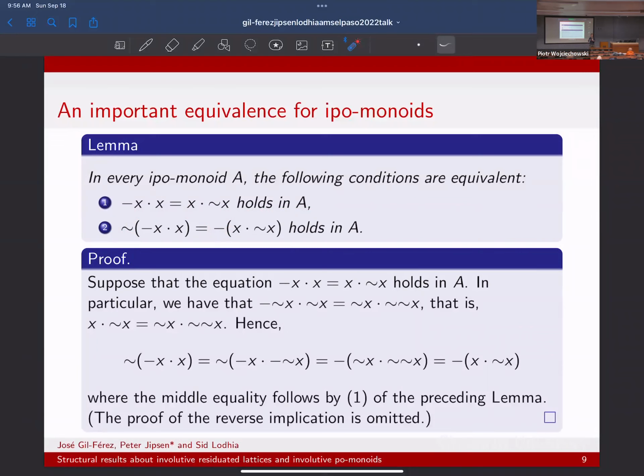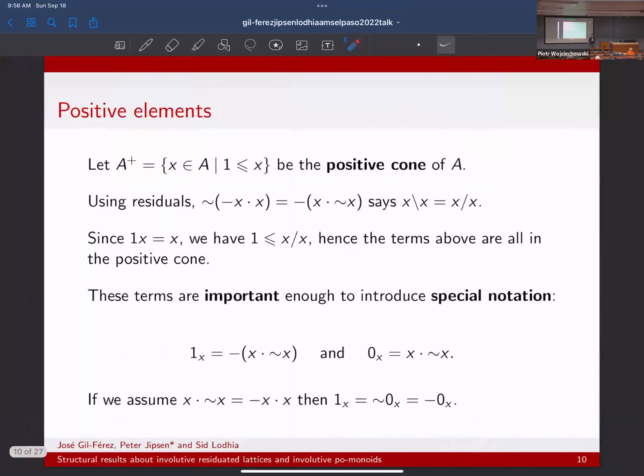For Prover9 it's like a 60-line proof, but if you analyze what it is, it's very simple. And of course, one should have done this by hand to begin with. I'm not going to look at the exact details, but again, it makes use of this identity that I mentioned here about how tilde and minus are related in a term with multiplication.